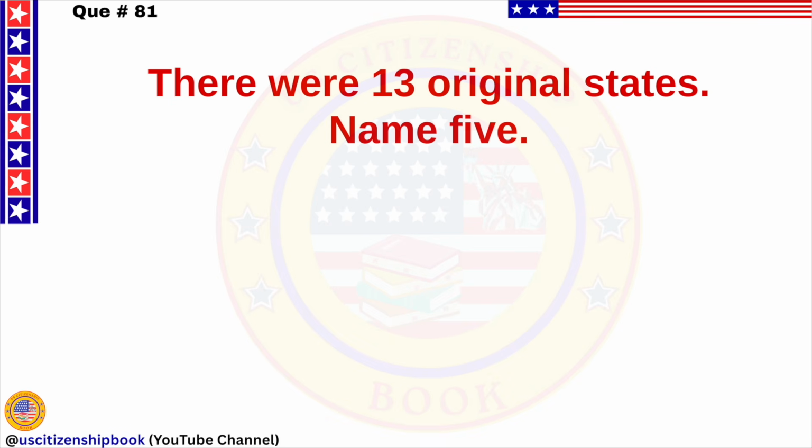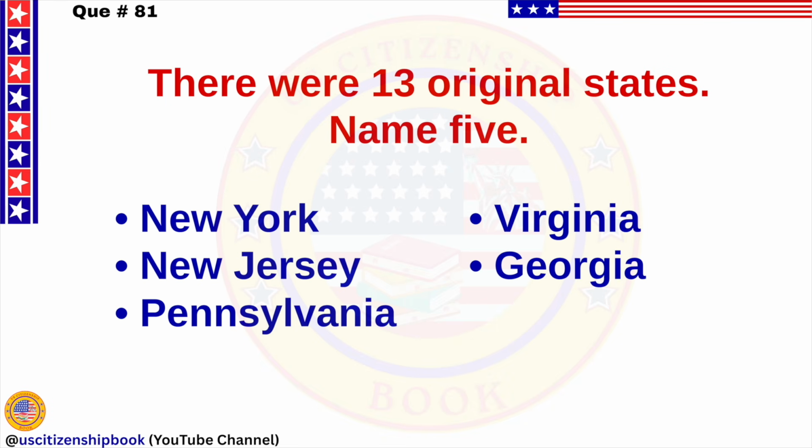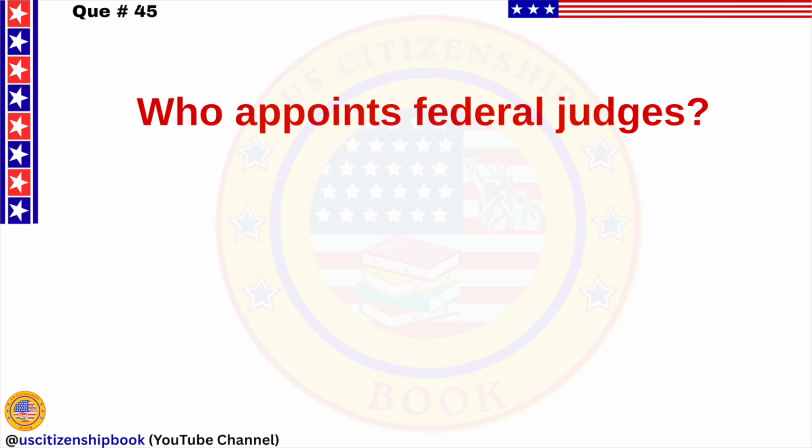There were 13 original states. Name 5. New York, New Jersey, Pennsylvania, Virginia, Georgia. Who appoints federal judges?